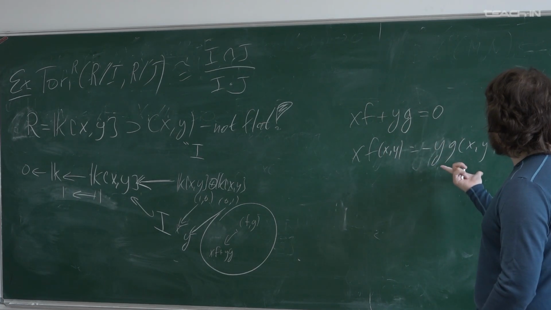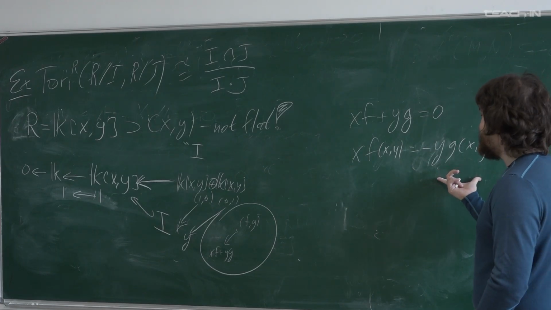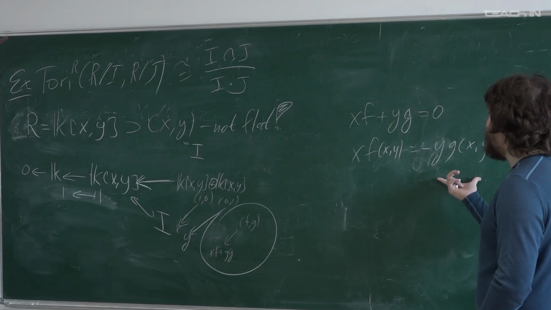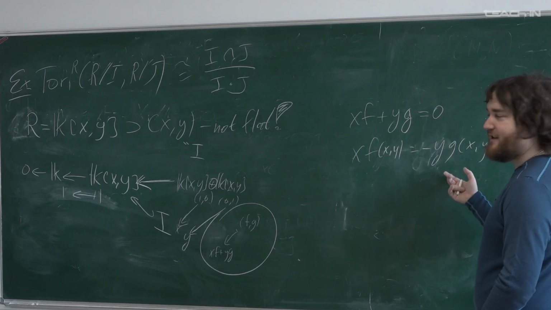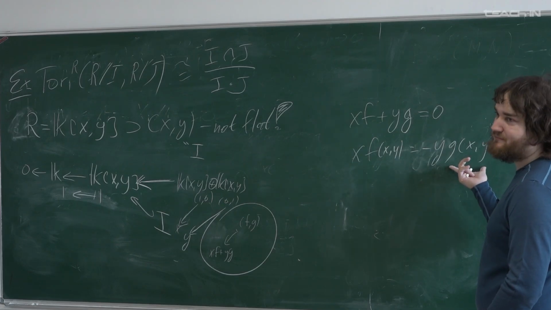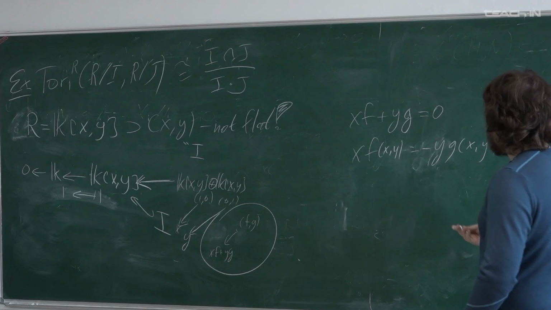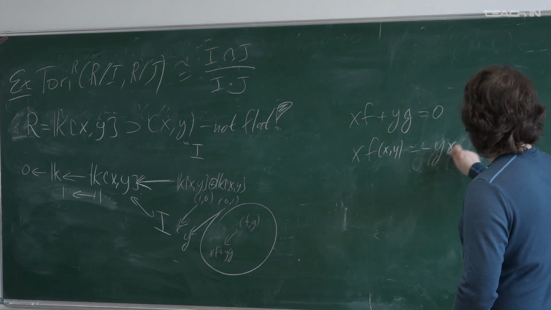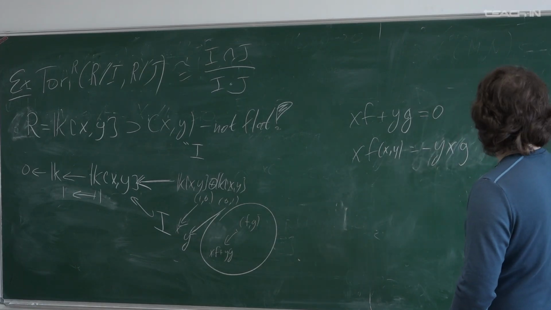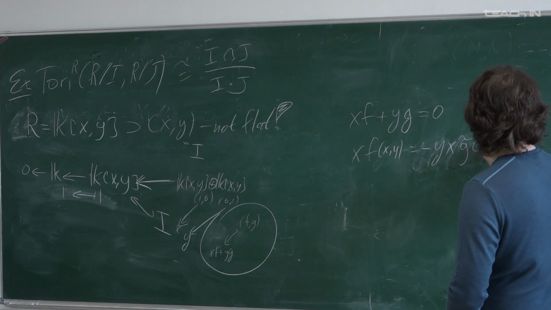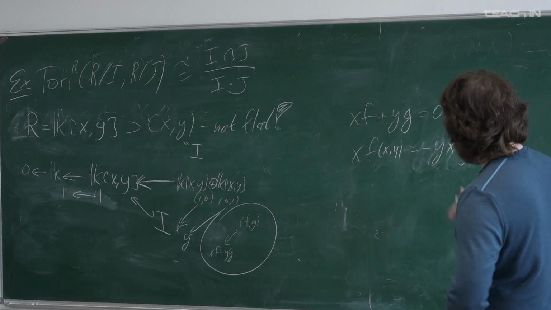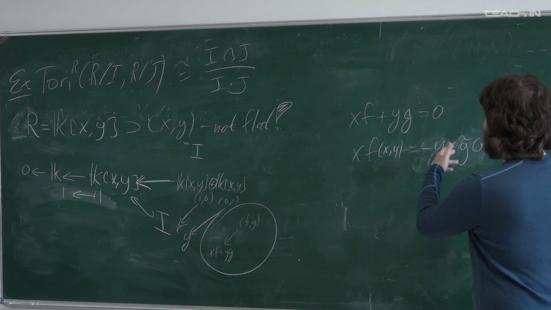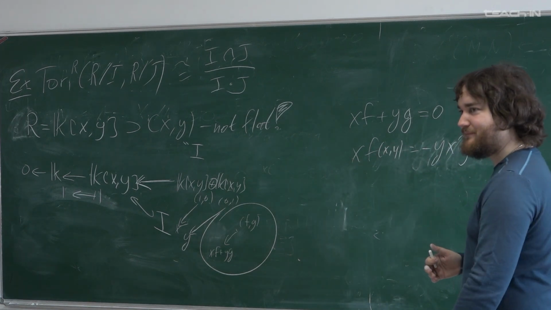This means the right-hand side is divisible by x, so g is divisible by x: g equals x times g tilde. On the other hand, the left-hand side is divisible by y, so f is divisible by y.